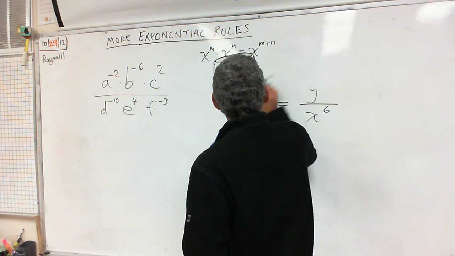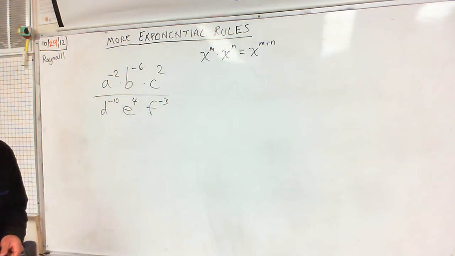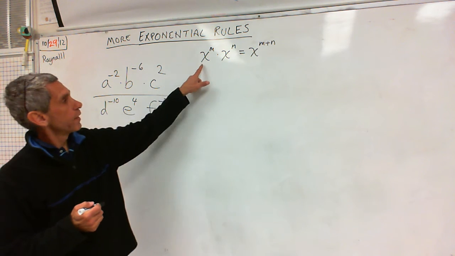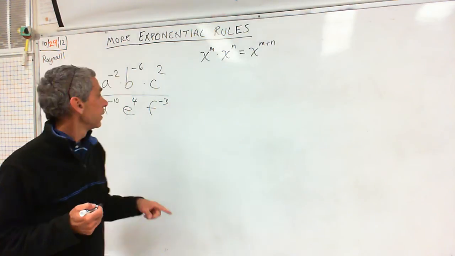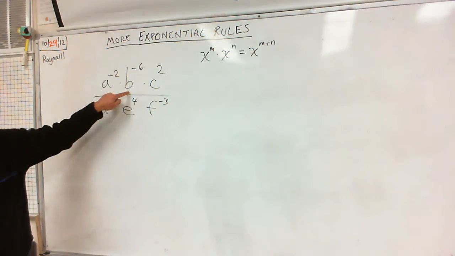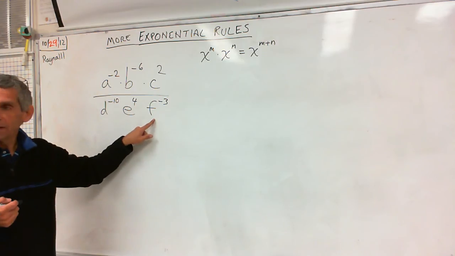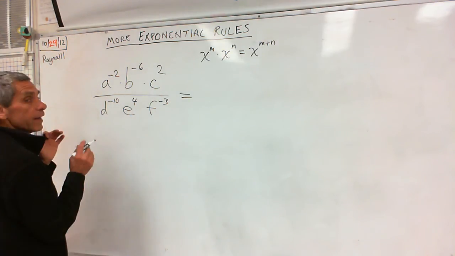And you just do the adding and subtracting of the exponents, right? Well, but wait a minute, what's the rule? The rule is they have to be same bases in order to add exponents, right? There are no same bases. We've got A, B, and C, D, E, and F, right? No same bases.